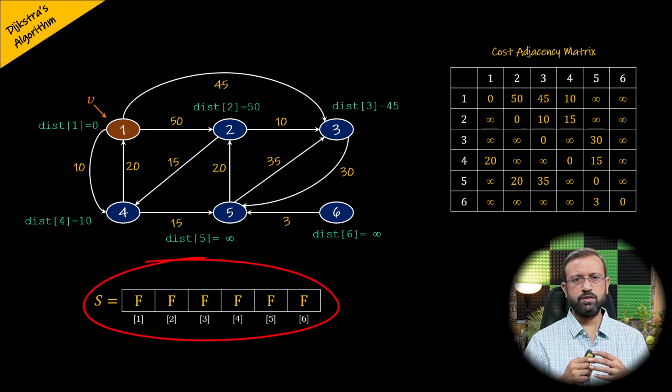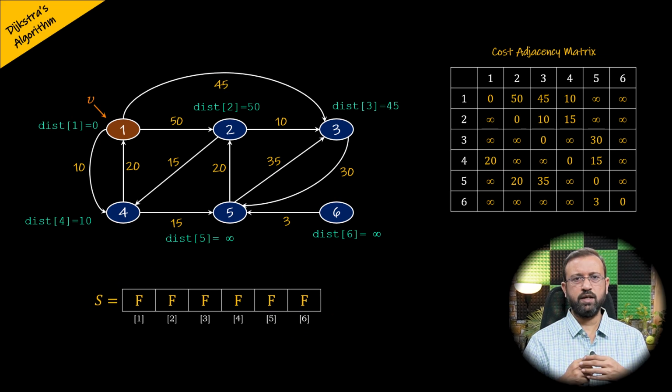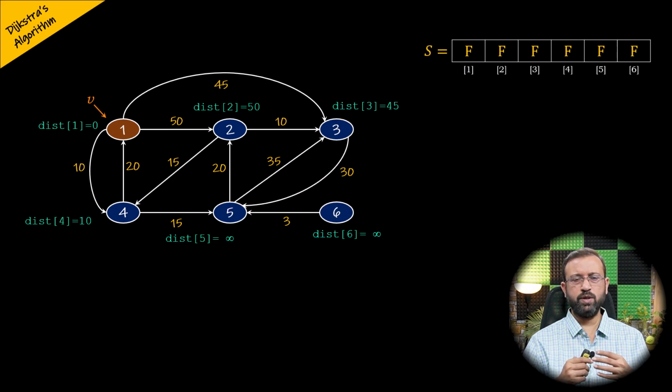Initially, all the vertices in set S are false because as of now, none of the shortest paths for any vertex is generated. Then, since source vertex V is vertex 1 and for vertex 1, the shortest path is obviously 0 and there cannot be any other shortest path, therefore, vertex 1 is assigned to set S by making S of 1 as true.